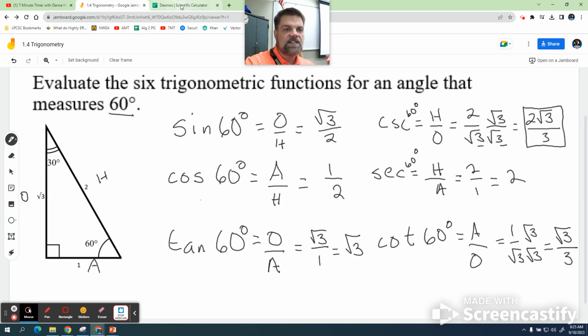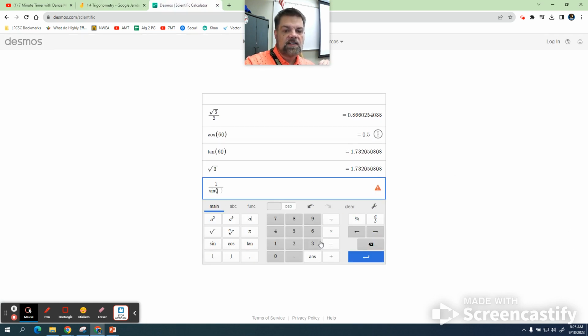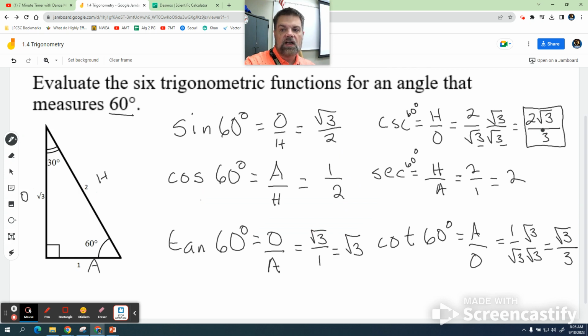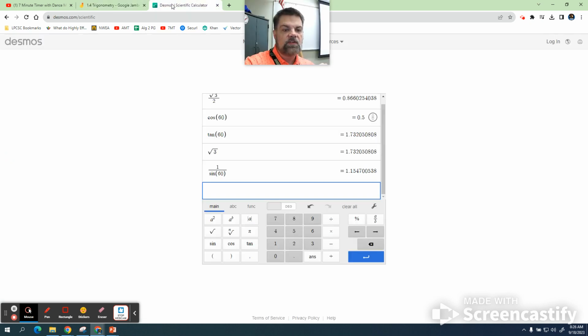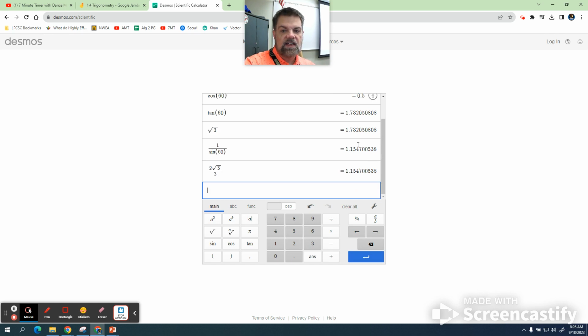Cosecant is the reciprocal of sine, so what I would do is say 1 divided by sine of 60, and I get 1.15. So now when I plug in 2 root 3, all divided by 3, I get the same decimal.